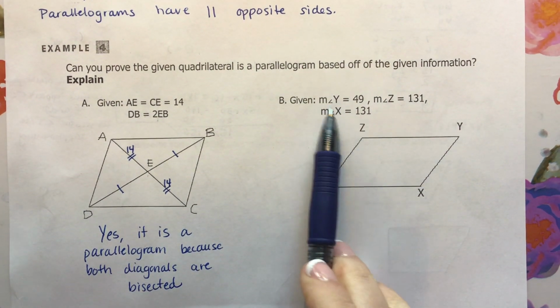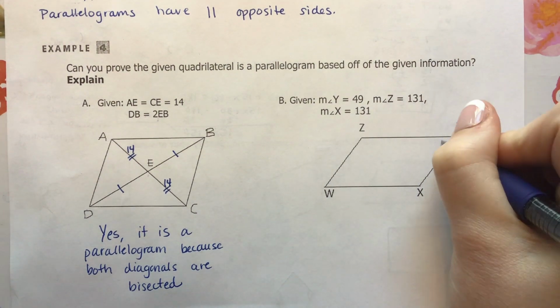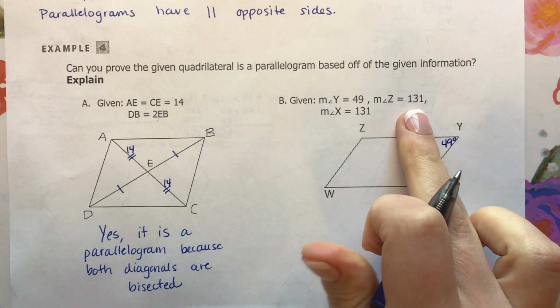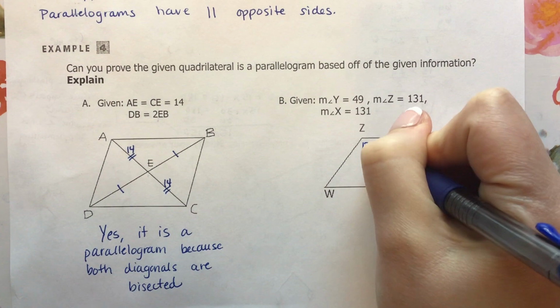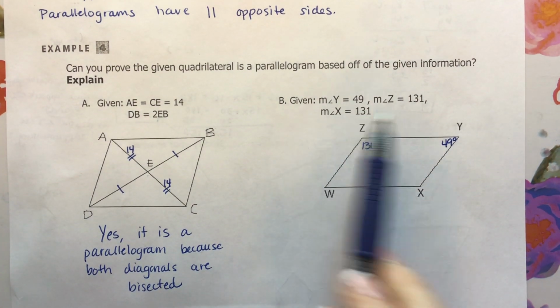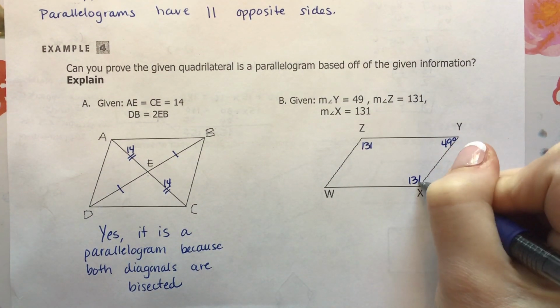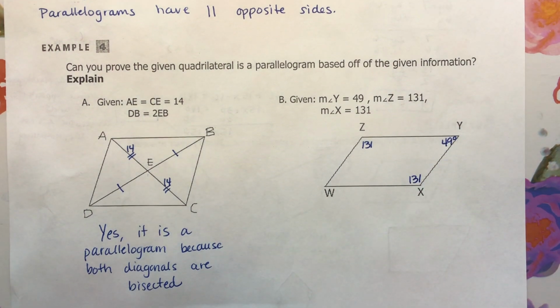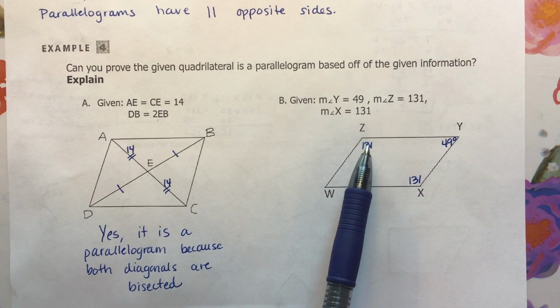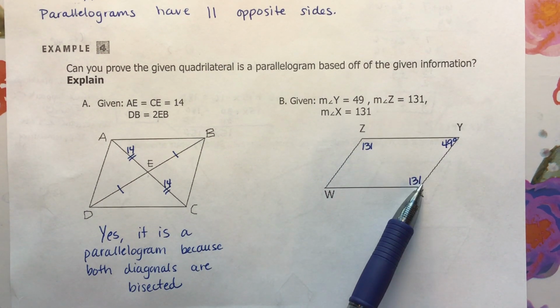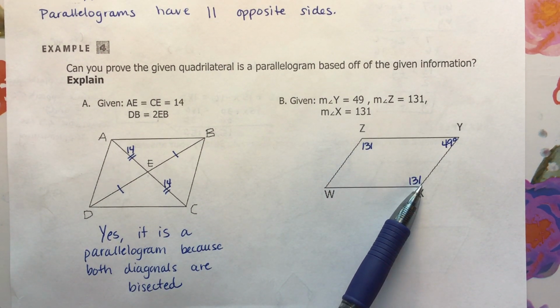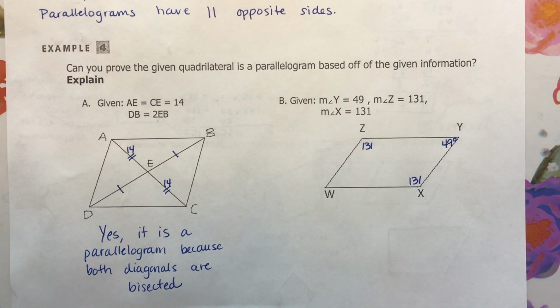Okay, looking at this one, it says the measure of angle Y is 49, so let me put that in there. The measure of angle Z is 131, and the measure of angle X is 131. Okay, first of all, I know 131 and 131, so I have one pair of opposite angles that are congruent to each other. Now, I know that the angles inside a four-sided shape have to add up to 360.